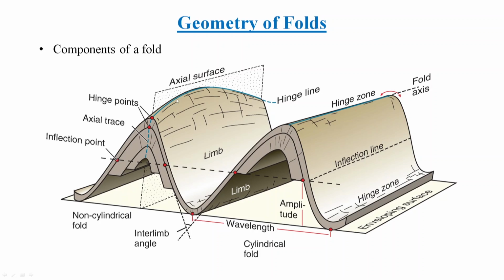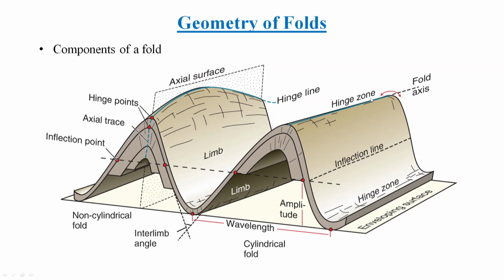Similarly, you have an arbitrary plane that is also used to identify several categories of fold, that is your axial plane. It's a planar surface that goes through the hinge zone and will contain the fold axis or the hinge line.